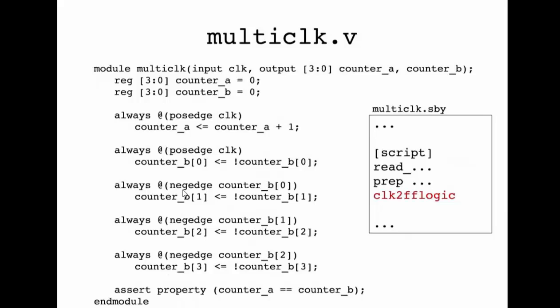And we can do that with SymbiYosys when we use the clock2ff command in the synthesis script, which essentially substitutes all flip-flops in the design with logic and flip-flops that are clocked by the implicit global clock, which should run faster than all real clocks in our design. And it will observe those clocks, and if it sees a clock edge by oversampling it, it will implement the right behavior.